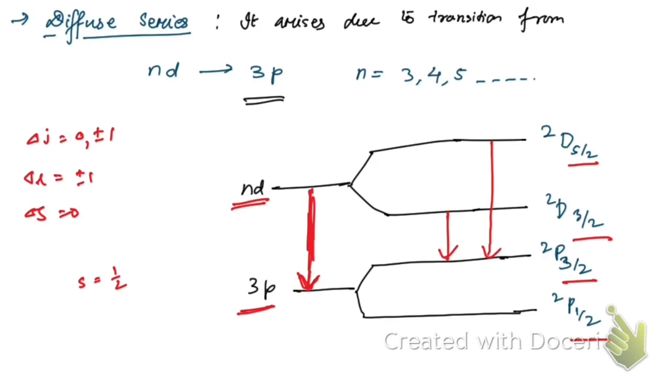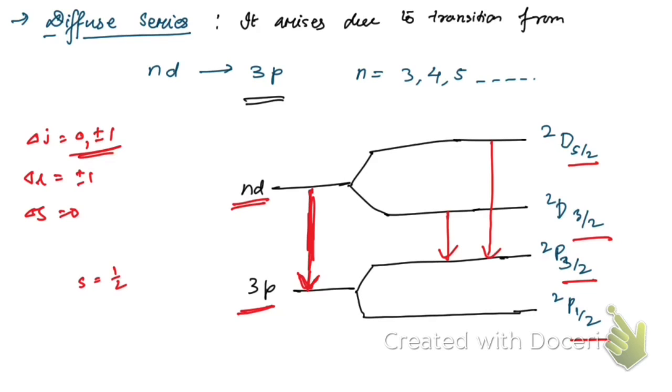So here we only need to check the J numbers, the angular quantum numbers, to see whether the difference is 0 or plus minus 1 or not. If the difference between any two levels is not either 0 or 1, then the transition will not be possible.